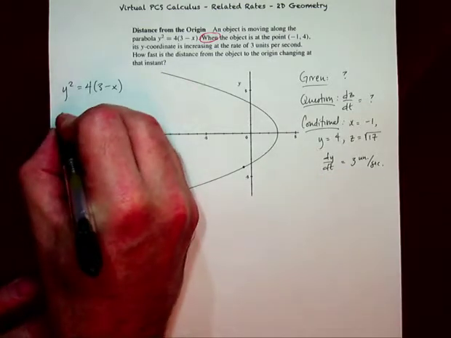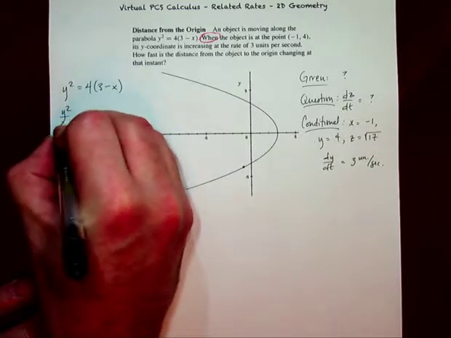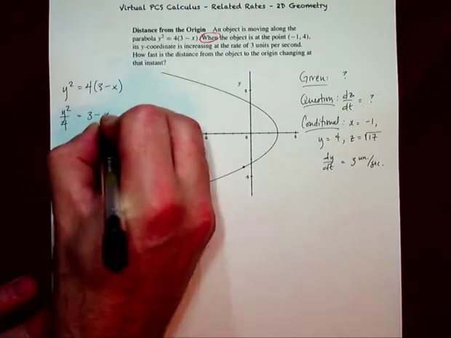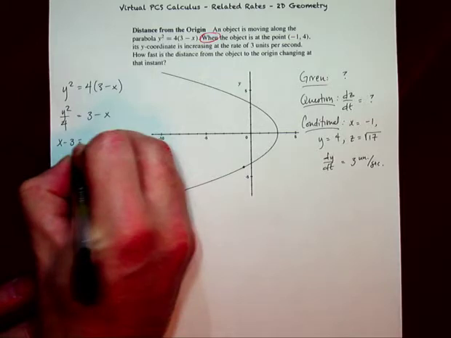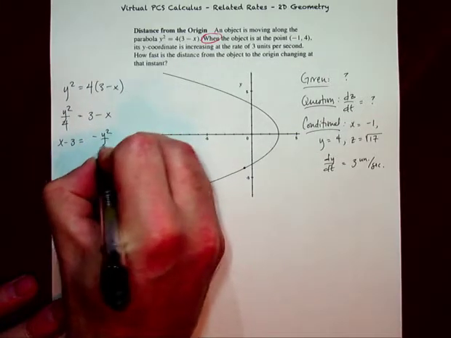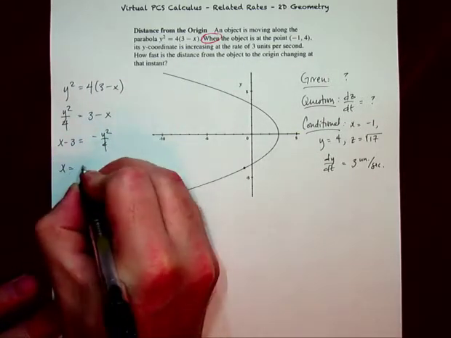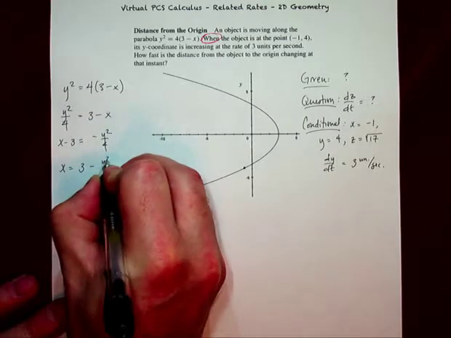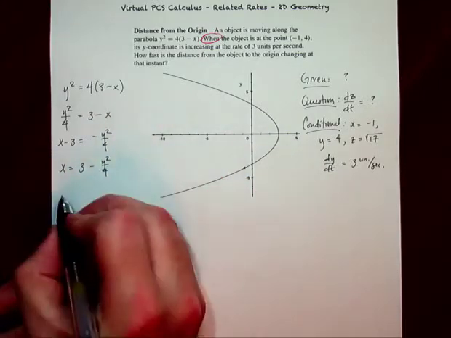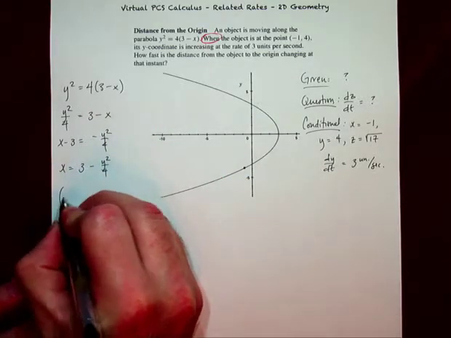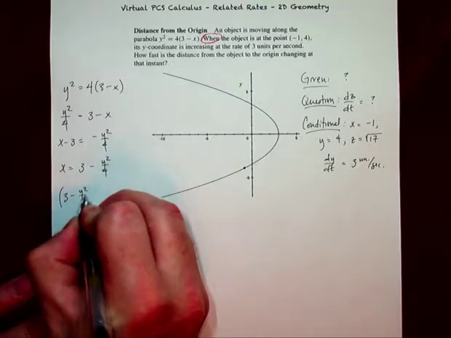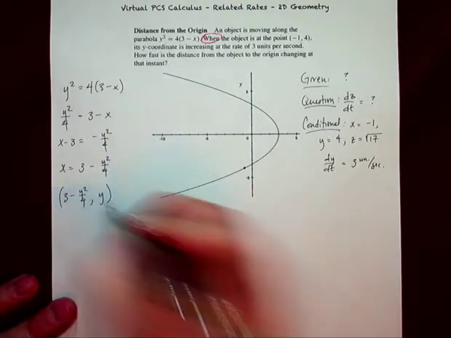So let's go ahead. This is y squared over 4 equals 3 minus x, or x minus 3 equals negative y squared over 4, or x equals 3 minus y squared over 4. That means that if x is 3 minus y squared over 4, y can just be y.